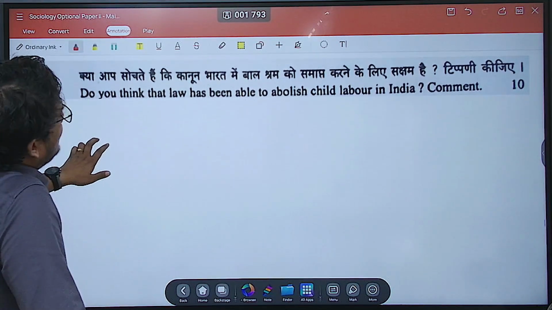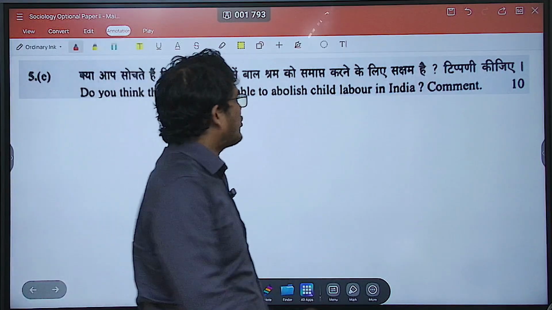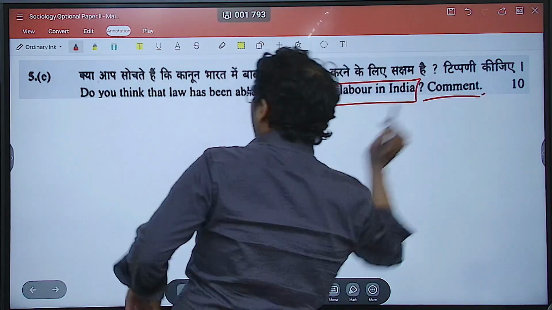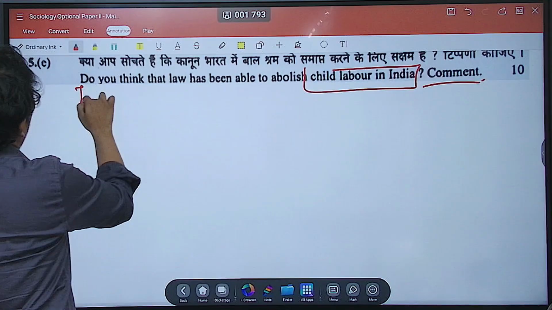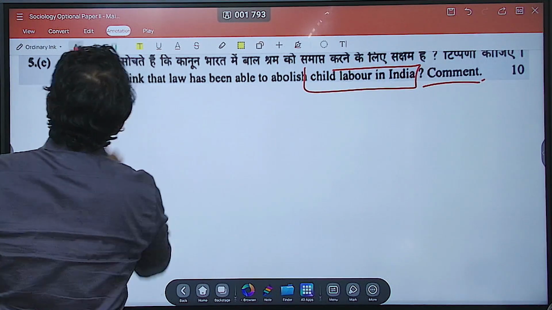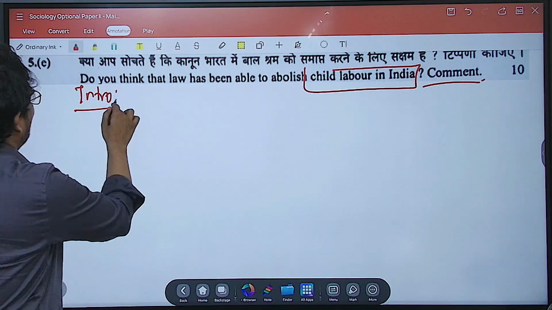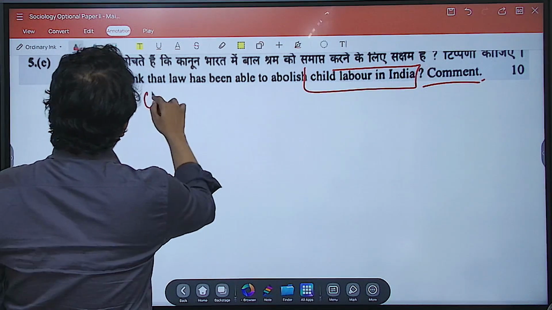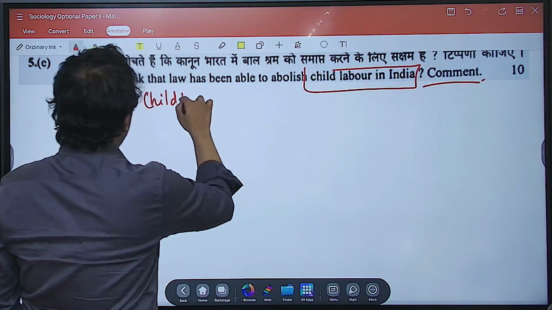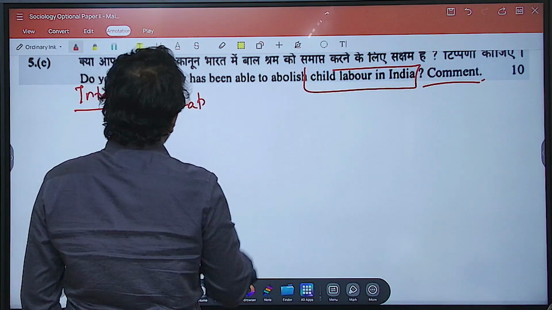Do you think that law has been able to abolish child labor in India? Comment. Now we will start the introduction by mentioning the provisions that are there against child labor. So the statutory backing, the prohibition of child labor.